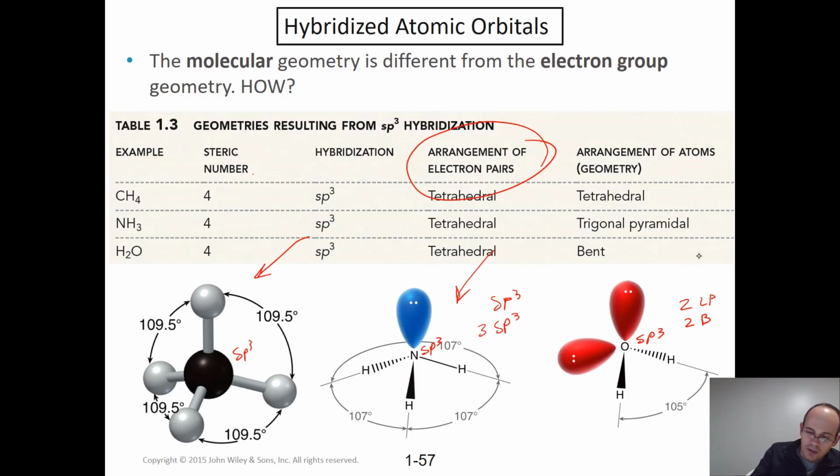But I want to point out here that there is also a slight difference between the bond angles. If you look at the bond angles in methane, it's 109.5. As you increase the number of lone pairs, it becomes a little bit lower, 107 and 105 for water. And the trick to this is lone pairs have a greater repulsive force than bonds do, because bonds are distributed over a longer area.